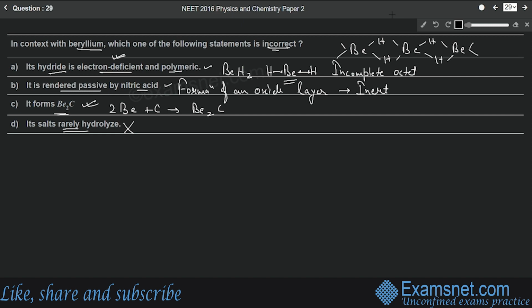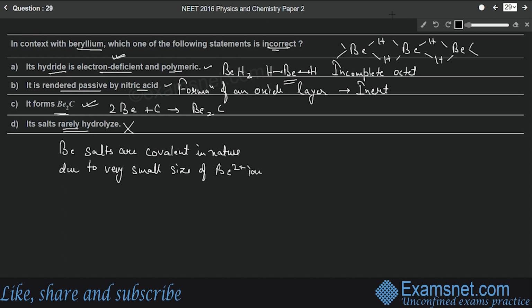The reason is that beryllium salts are covalent in nature. So let's write it down here. Beryllium salts are covalent in nature due to the very small size of the beryllium ion, that is the Be2 plus ion, and high polarizing power.